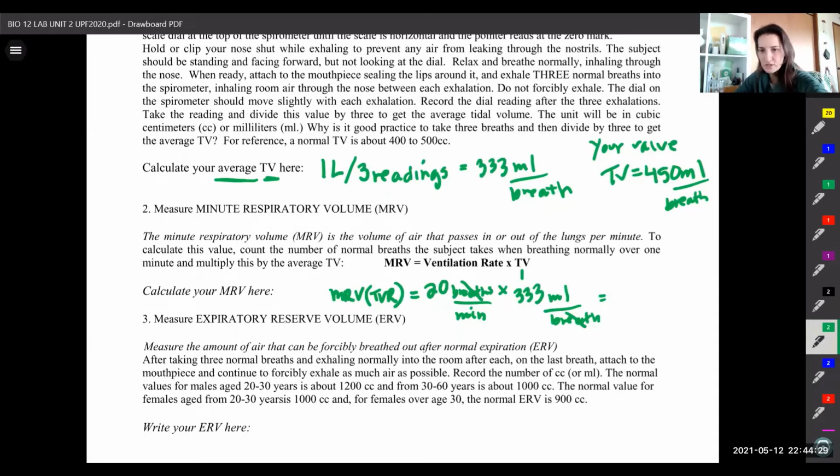Here I got 6,660 milliliters per minute, right? So that would be my total ventilation rate or minute respiratory volume. So you count your breaths, you multiply that by your 450, and you're going to get a different value here than I did.